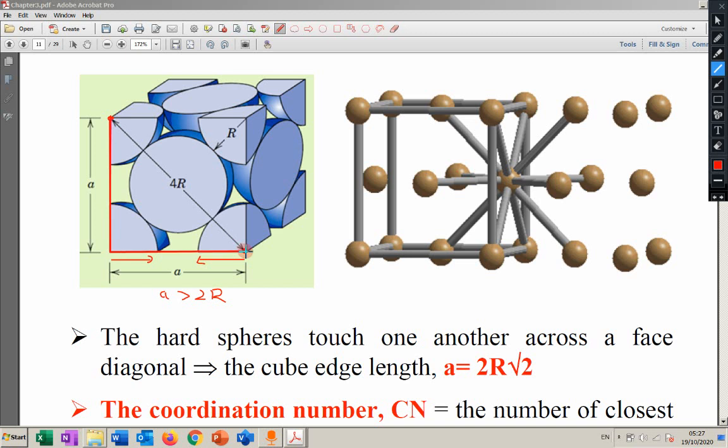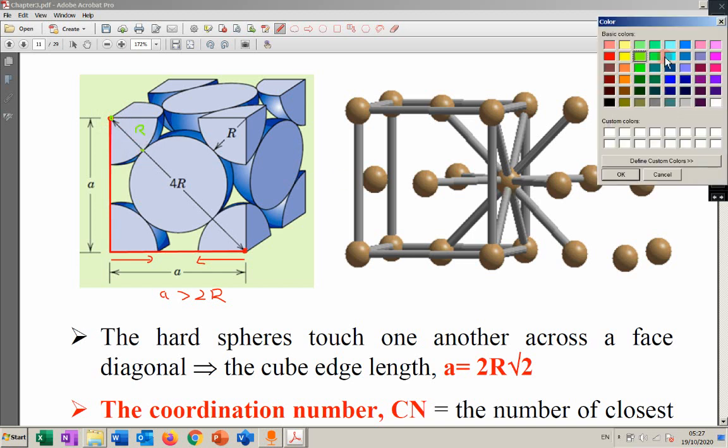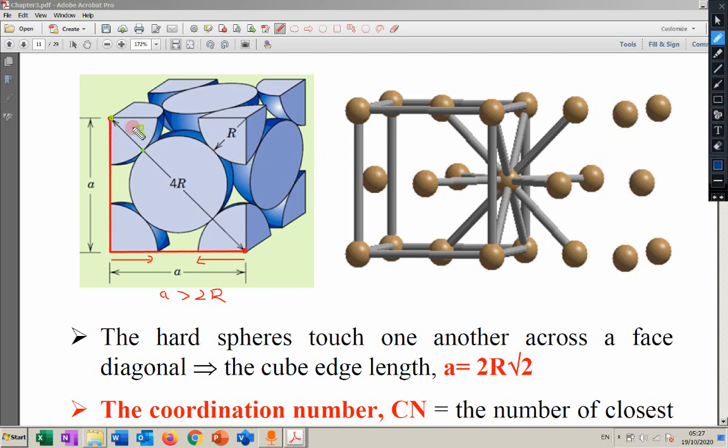This is also A. Now, because we know on the diagonal they are touching each other, from the center here till the surface is R. This is R. This is R up to here, and from this one again till here, this is R, and the one in the middle, the center is here, and there's going to be one R here and another R here.